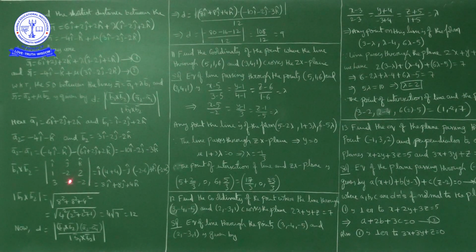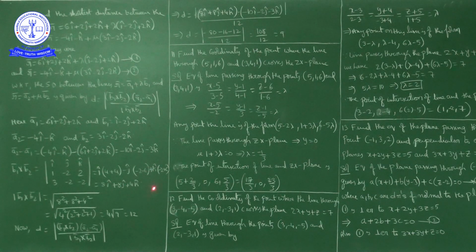minus 2 into minus 2, that is 4, and 2 into minus 2 is minus 4, so minus of minus, plus 4, so 8 i cap. Minus j cap, first row second column closed: 1 into minus 2 is minus 2, 3 into 2 is 6, so minus 2 minus 6 is minus 8, so minus of minus, plus 8. So 8 i cap plus 8 j cap.